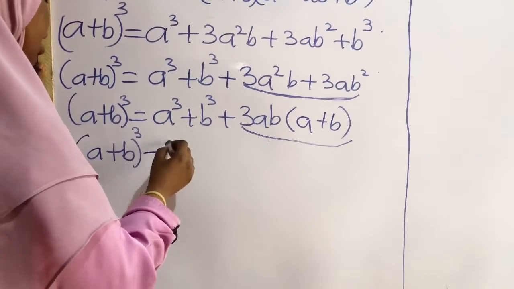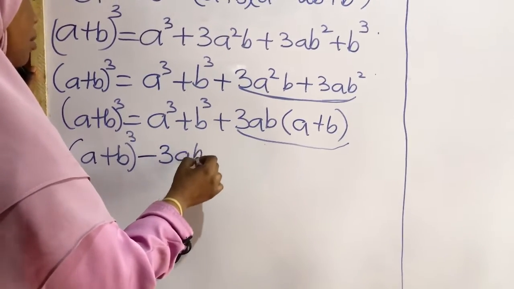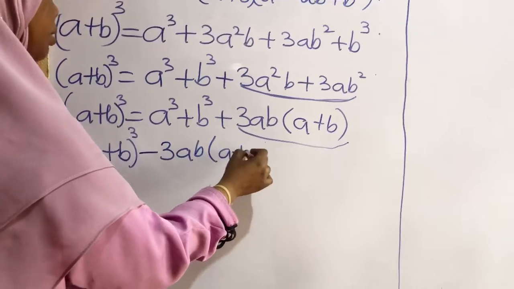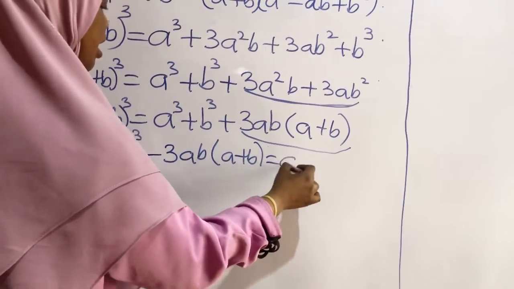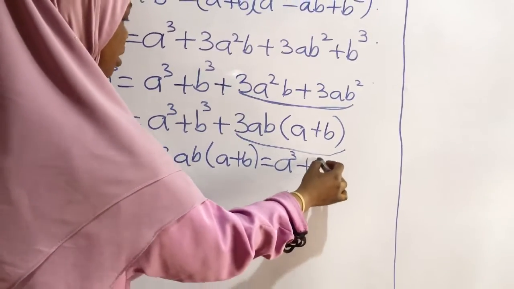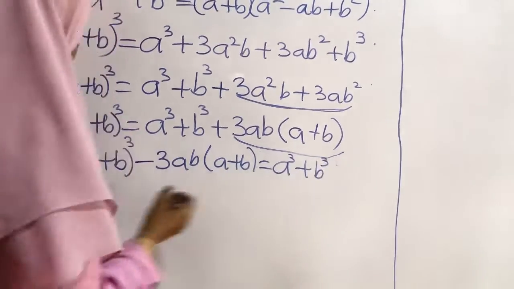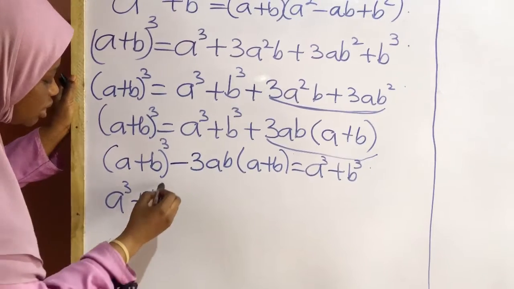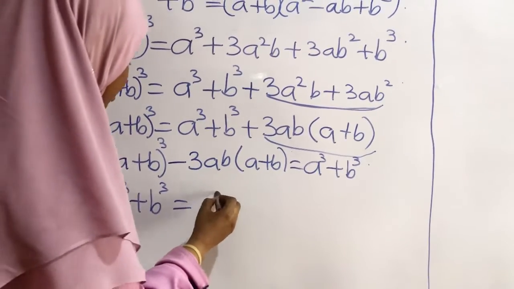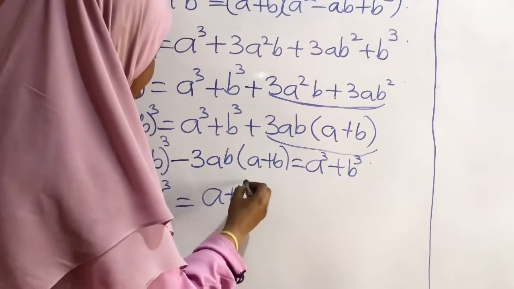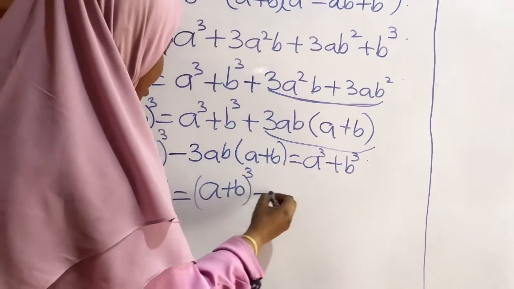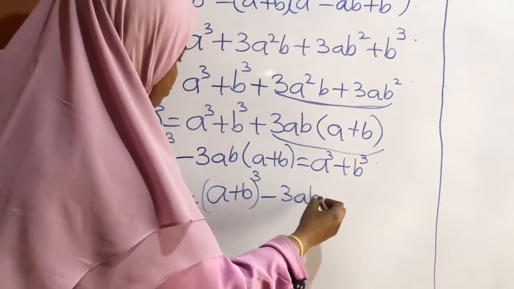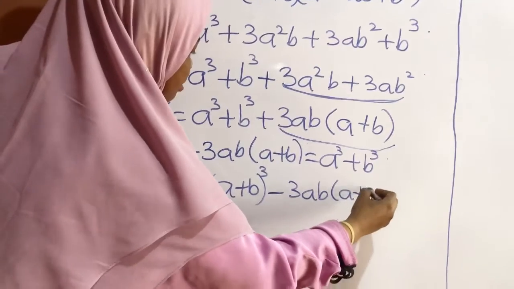So we have minus 3ab multiplied by a plus b is equal to a cubed plus b cubed. So invariably we have a cubed plus b cubed to be equal to a plus b, everything cubed, minus 3ab multiplied by a plus b.